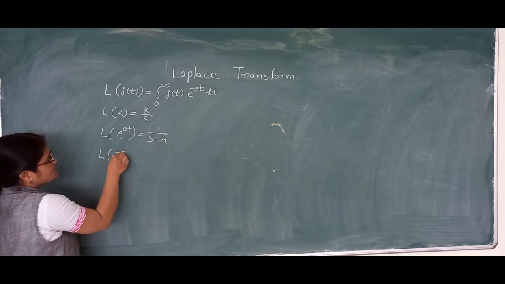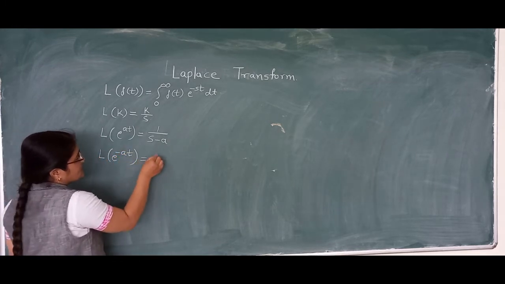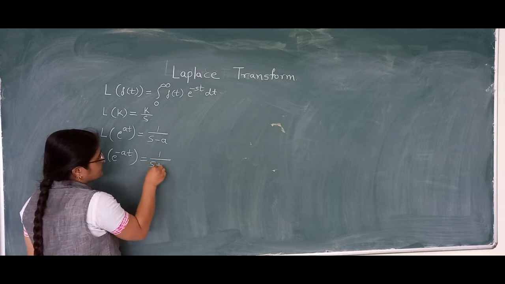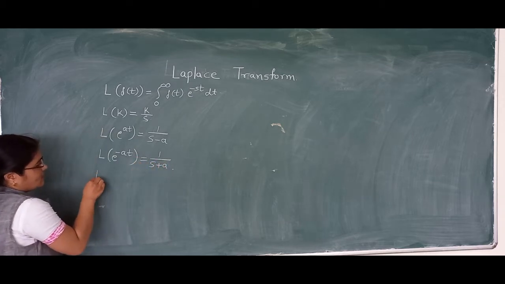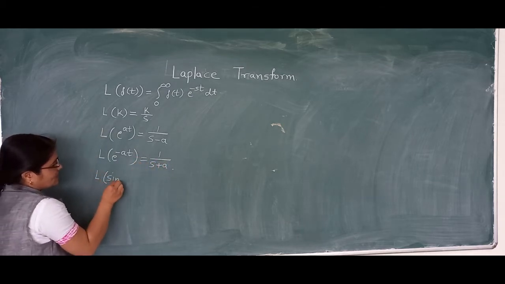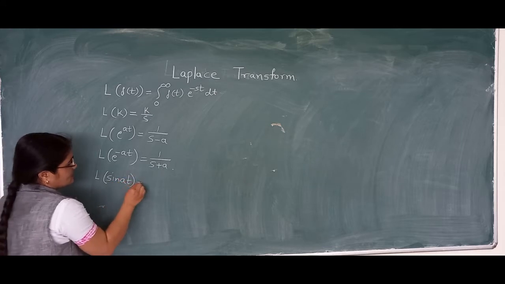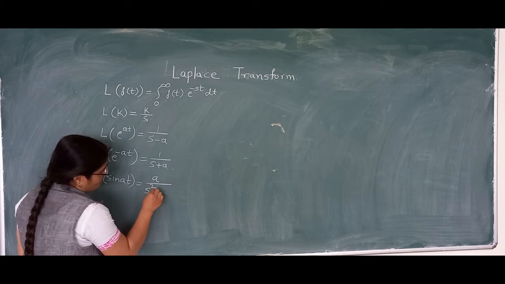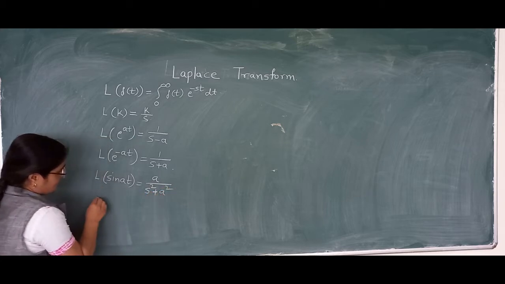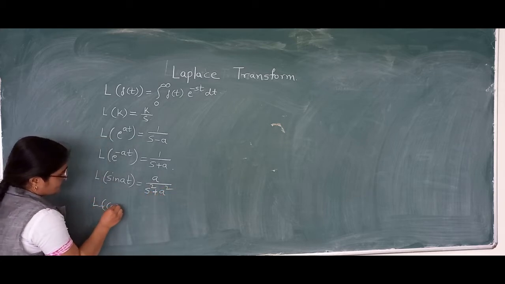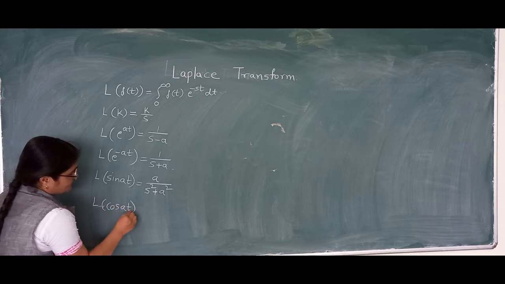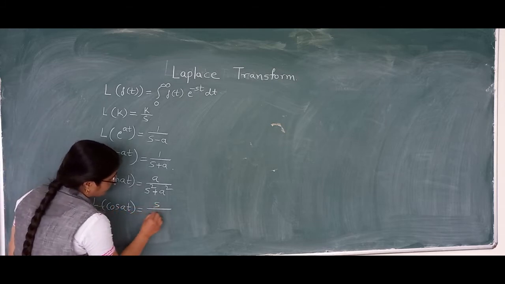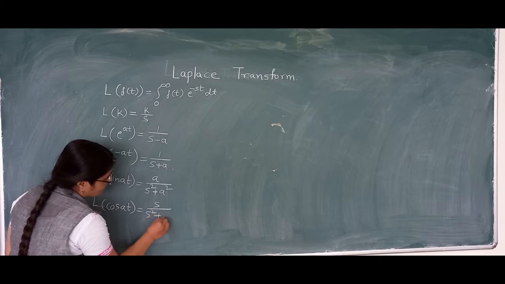Laplace of e raised to minus at is 1 upon s plus a. Laplace of sin at is a upon s square plus a square. Laplace of cos at is s upon s square plus a square.